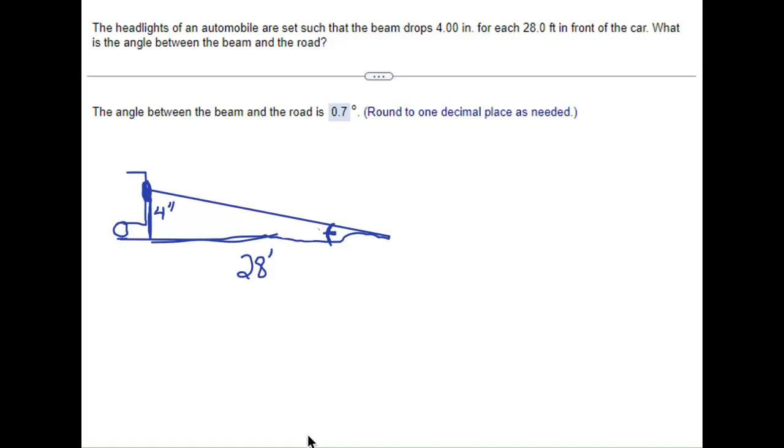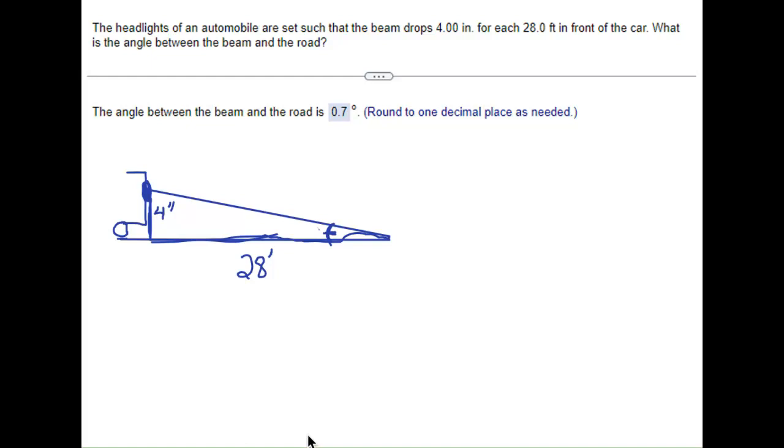Now, when I consider this right triangle, the problem is we have one side measured in inches and this side's measured in feet, and we really need to convert that.